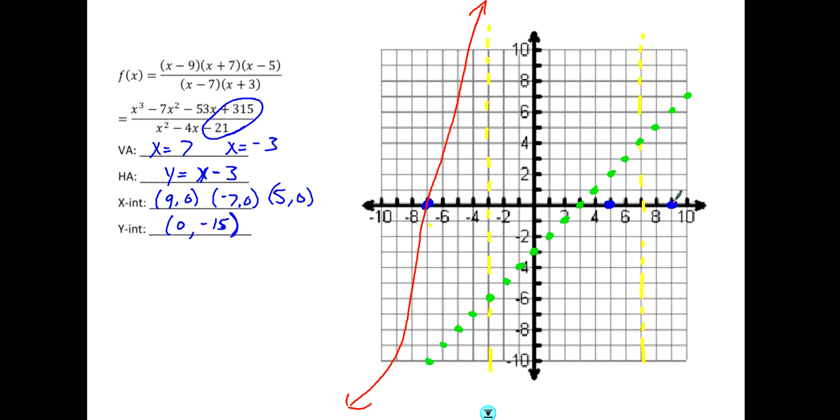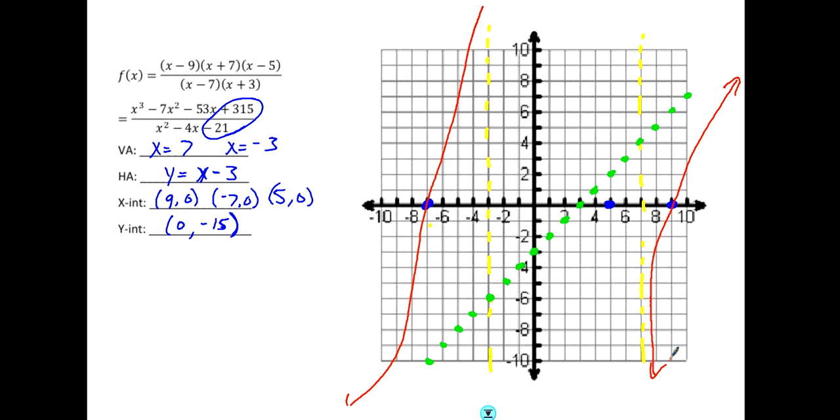Same thing on the right side. It either comes down this way or it comes up this way. But if we do this, we have this x-intercept that it didn't cross, so it can't be at the top. It has to be at the bottom. So it's got to come up this way. It's going to cross and then follow that slant asymptote that way.